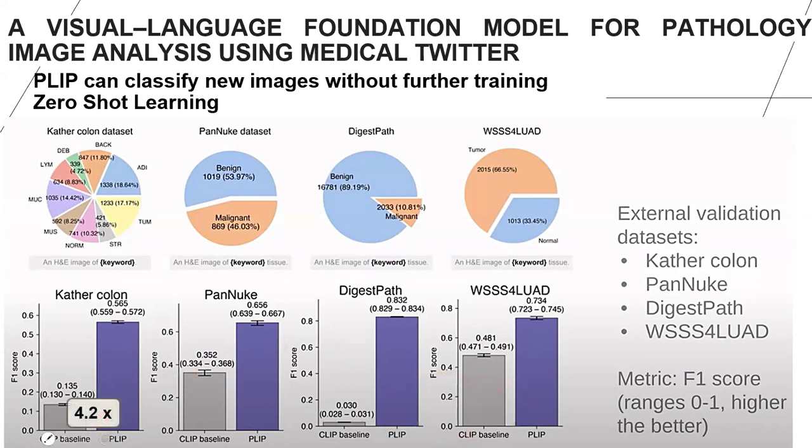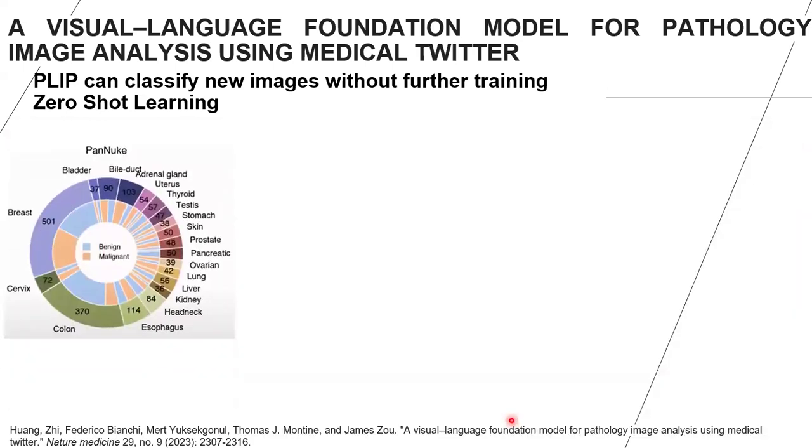So if we see, the results are 4.2x better than CLIP. In case of PanNuke, it's 1.9x better. In case of DigestPath, it is 27.7% better. And in case of this dataset, it is 1.5 times better.